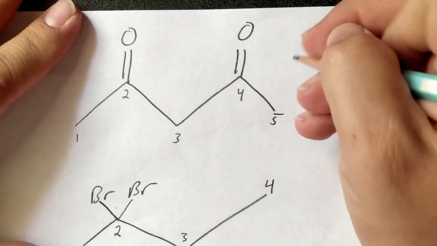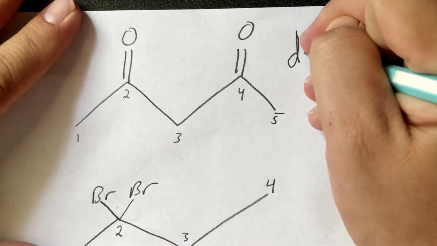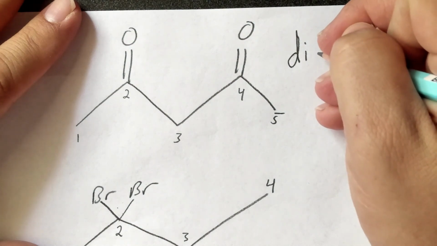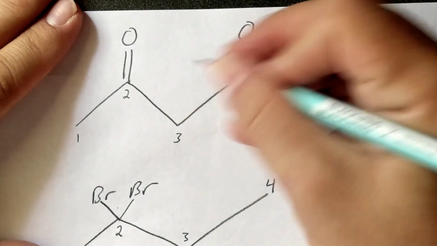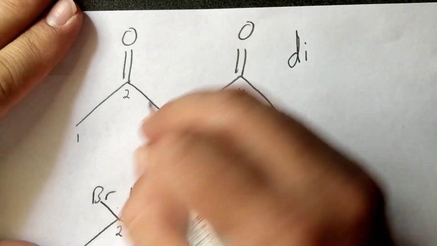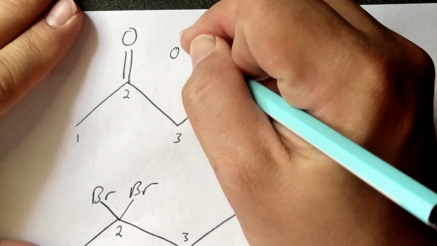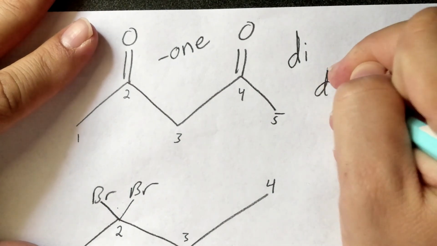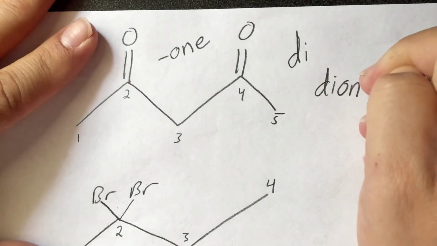So we're going to use the Greek prefix di, and this is going to go in front of the ending suffix for these, which if you check your chart, is a ketone, so it ends with -one. And so this is going to be dione.